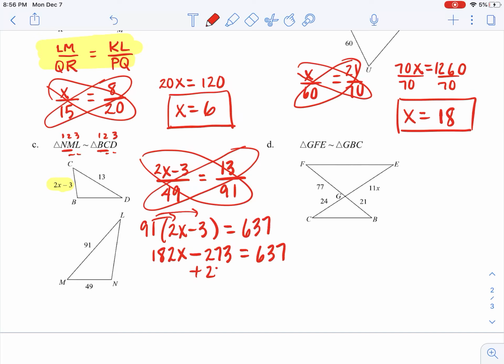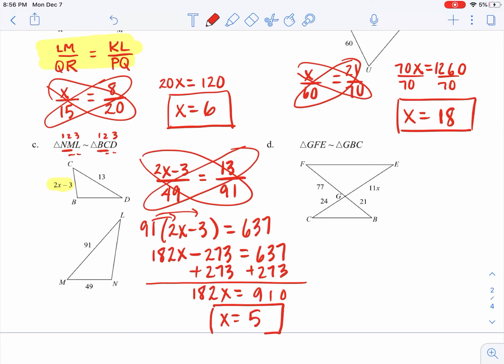If we add 273 to both sides, I'm kind of glad these numbers are getting big because I want to talk about another way you could do this. So we get 182x equals 910. If we divide by 182, our x would be 5. So in this case, our x equals 5.